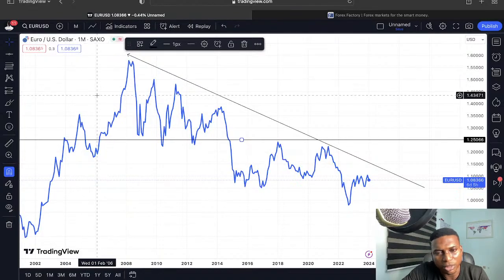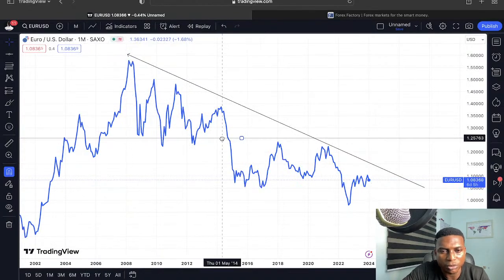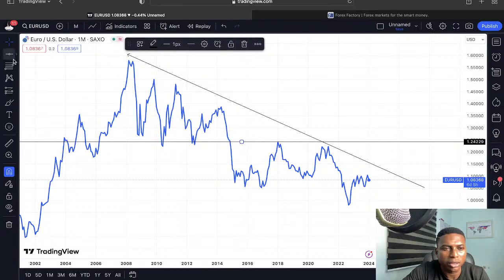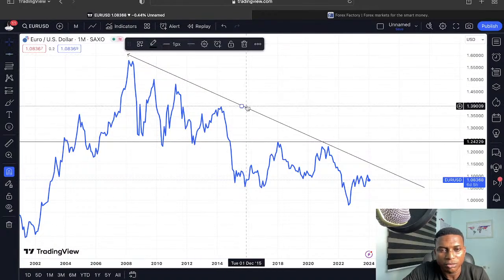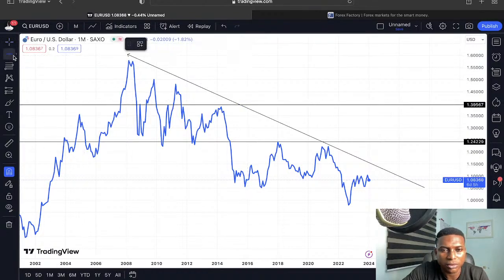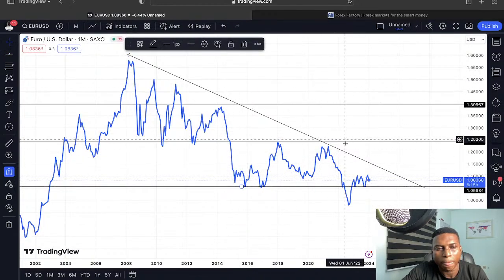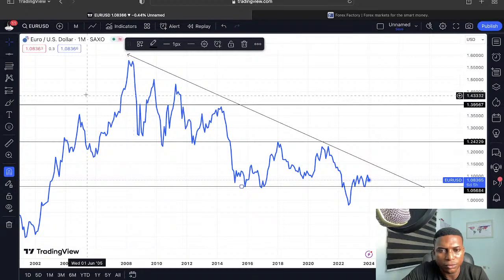Let me change it to a line chart to be able to spot out these levels.